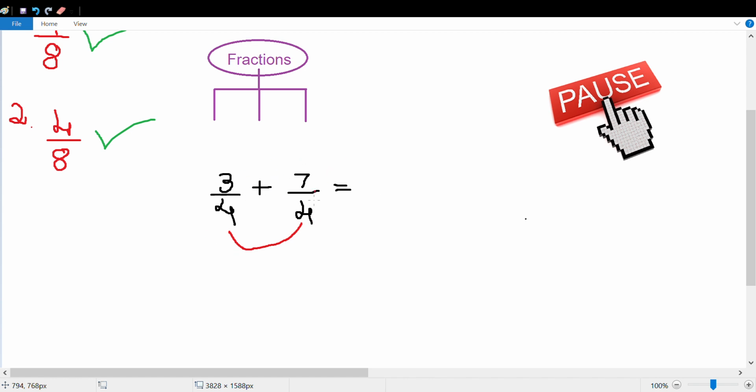Just see the numerators. We just have to add them. So 7 plus 3 gives us 10. So our answer will be 10 by 4. Why do I put 4 in the denominator place for the answer? Because here the denominator is 4, so that applies to the answer too.